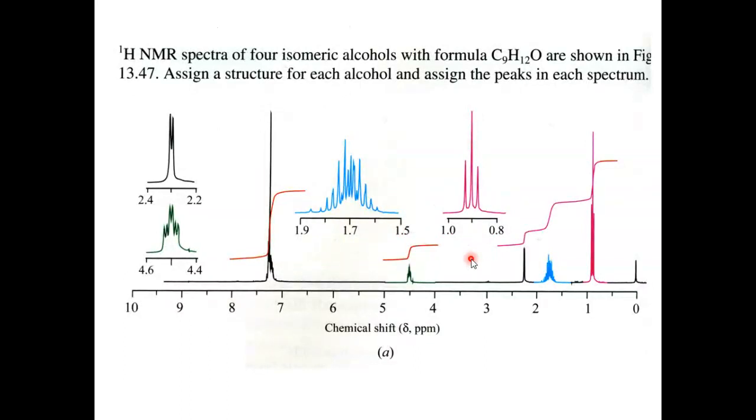Now, let's do a full-scale practice on how we decode a real-world NMR spectrum. You're going to see something similar in the test, so be sure to apply the process I'm going to show you.